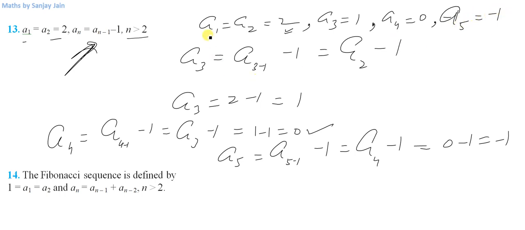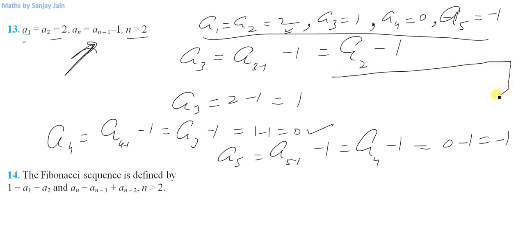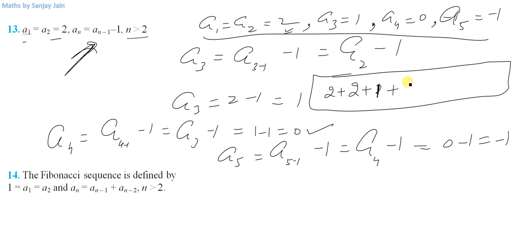Now you can write the corresponding series like this. Let me write it here. So this will be 2 plus 2 plus 1 plus 0 plus minus 1. This is the corresponding series.